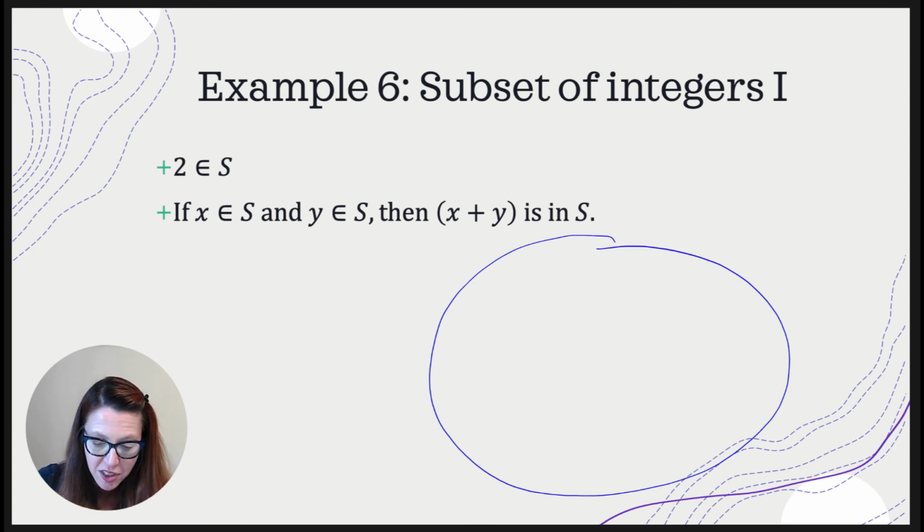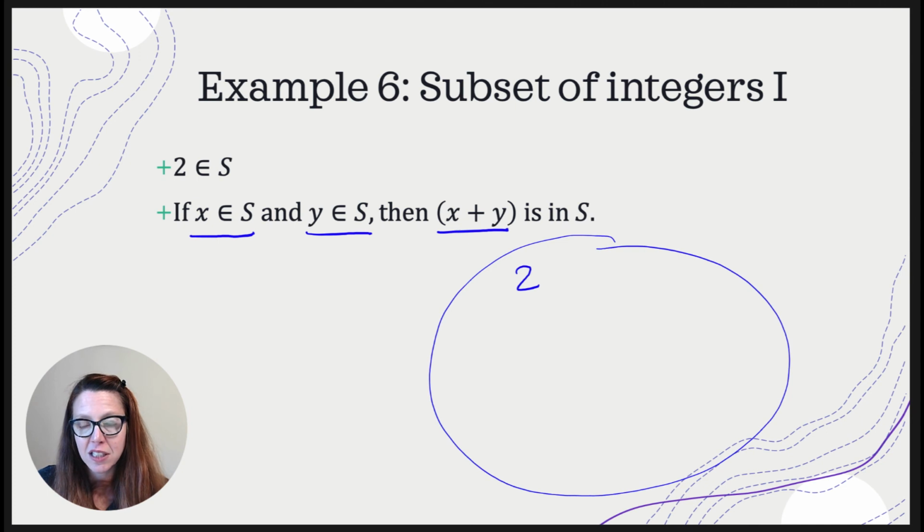So we start with the number 2 in S, and then we create a rule for building out the components of this set based on what's already there. So if x is in S and y is in S, then x plus y is in S. So we see we've got 2 in there, so that means 2 plus 2 must be in there, but that's 4.